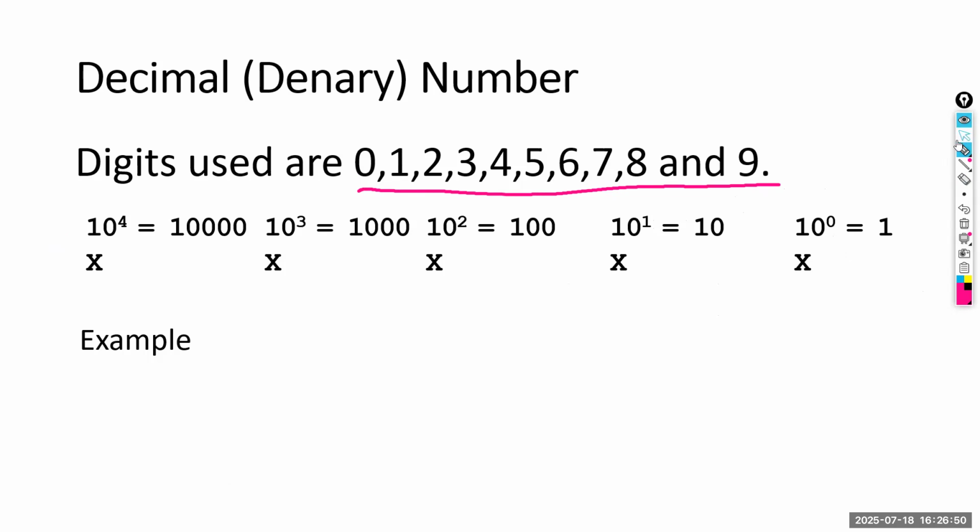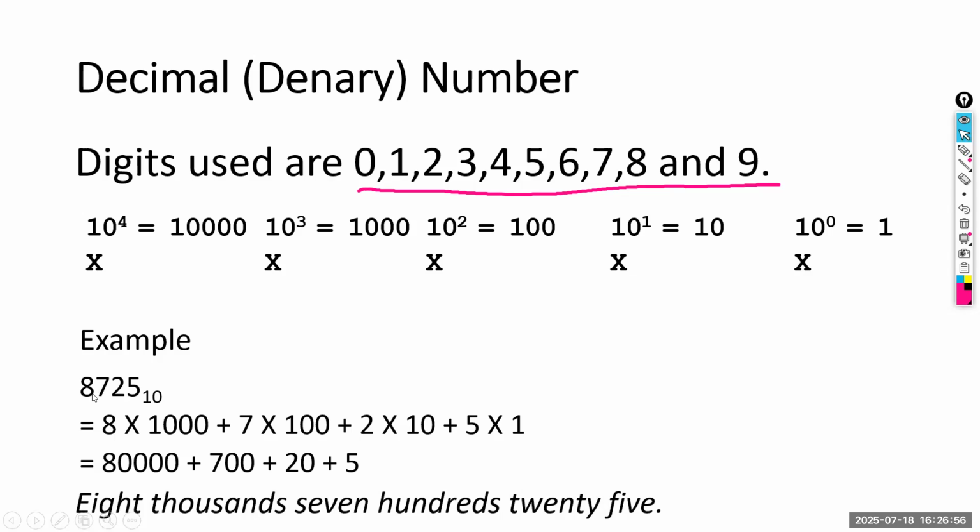For example, if someone says the number is, say, 8,725, what does it mean? We use the words 8,000 and 725. This is 5 times 10 to the power zero, or ones. This is 2 times 10 to the power 1, or tens.